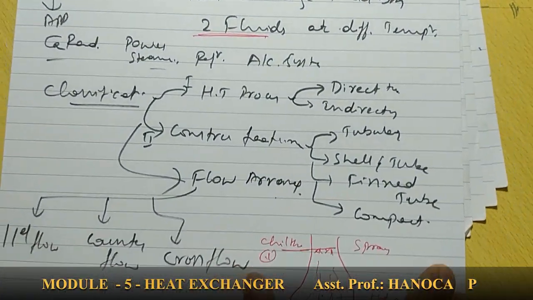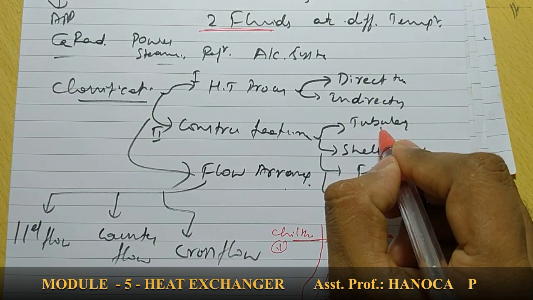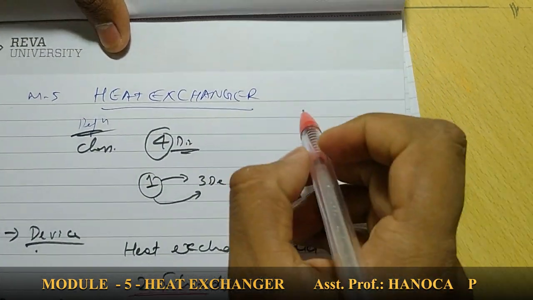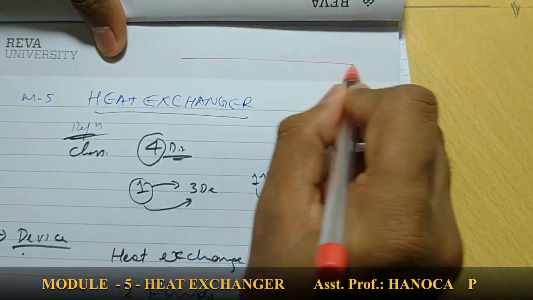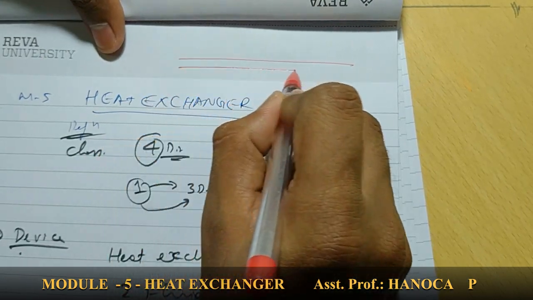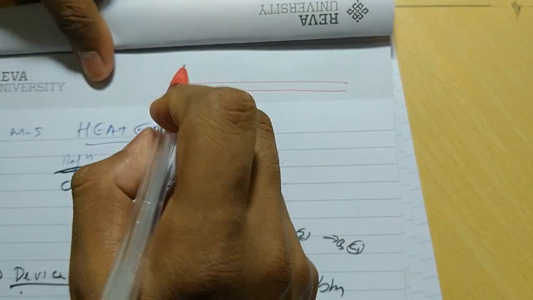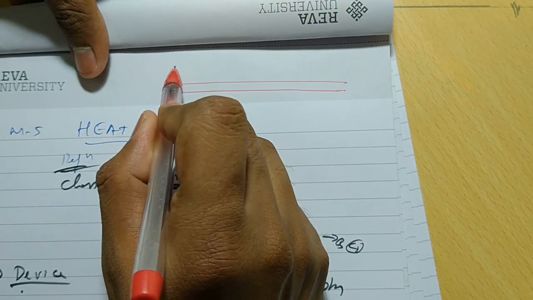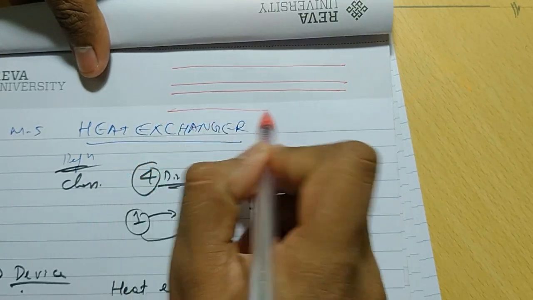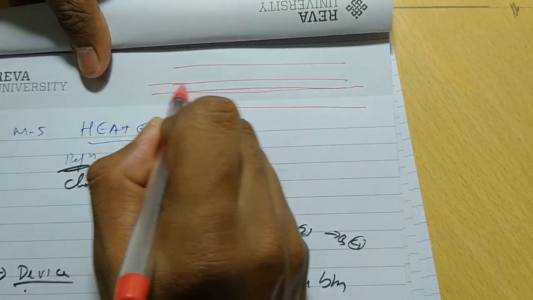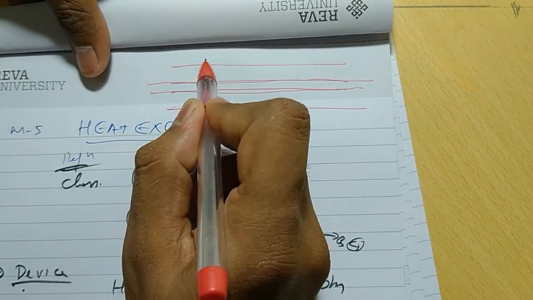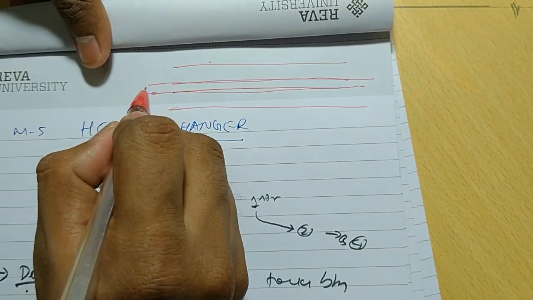Next, come to the tubular heat exchanger. The name itself indicates its construction. There are two concentric pipes: this is the inner pipe and this is the outer pipe.